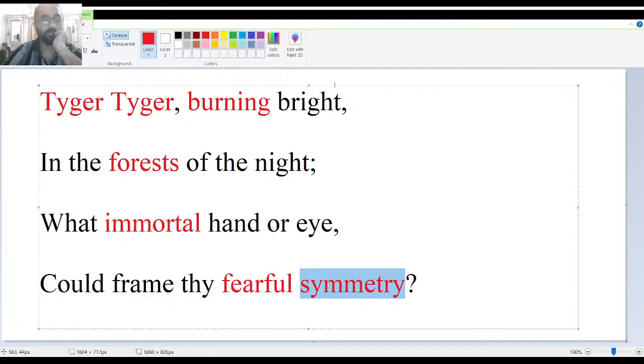So these are the multisyllabic words in the poem, in the passage. Let's identify the parts of speech: nouns, verbs, adjectives, adverbs, mostly nouns and verbs.